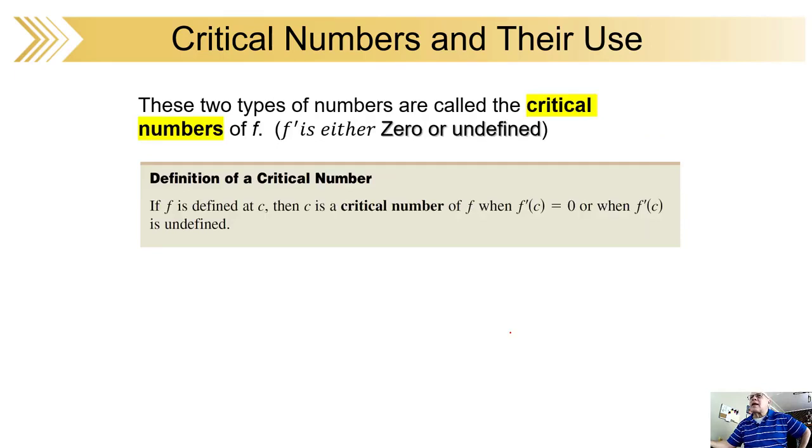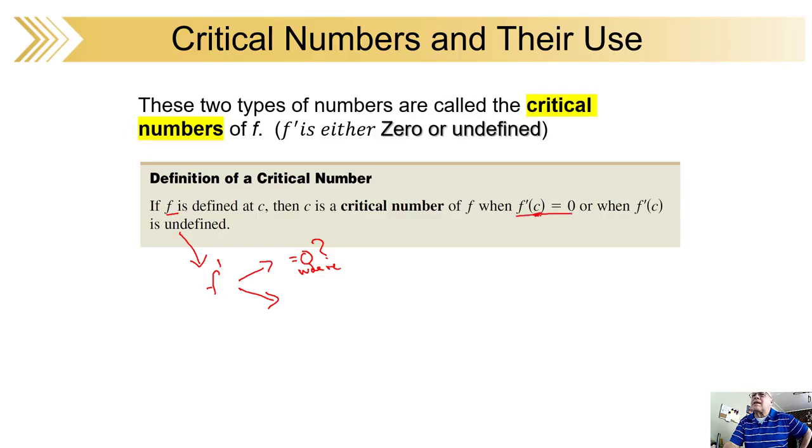To find out where that is, you've got something simple to do. First, take that function, take its derivative. Look for two things. Where is it 0? Set your derivative equal to 0.